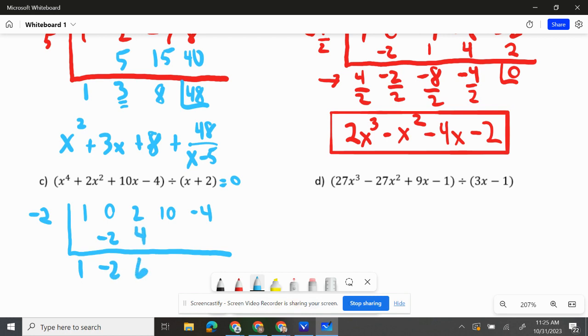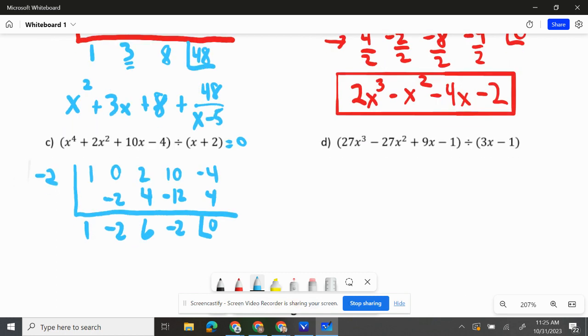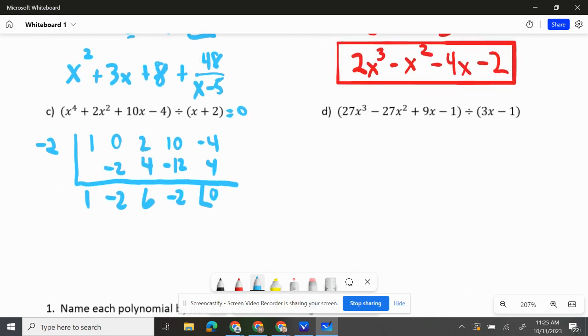When we add them up, we get 6. -2 times 6 is -12. That gives us a -2. -2 times -2 is 4. Once again, we get a remainder of 0. So our equation is x cubed, because it's always one less degree, and then minus 2x squared plus 6x, and then minus 2. And that right there is our final answer.